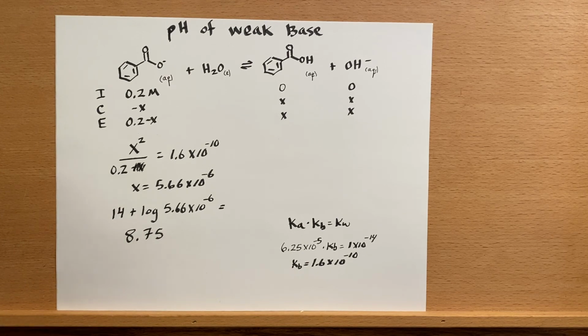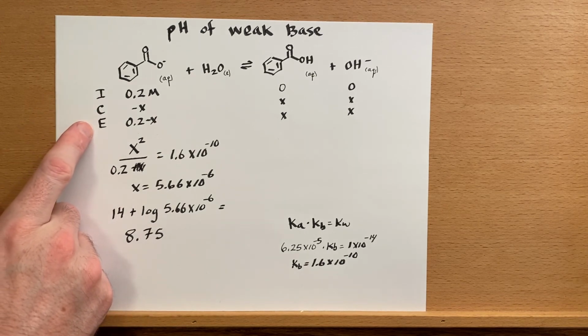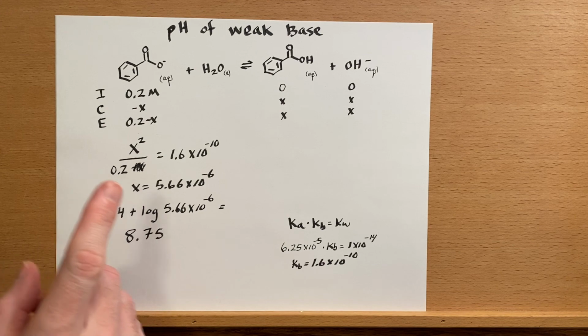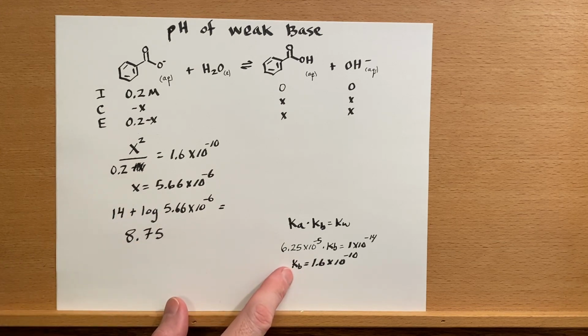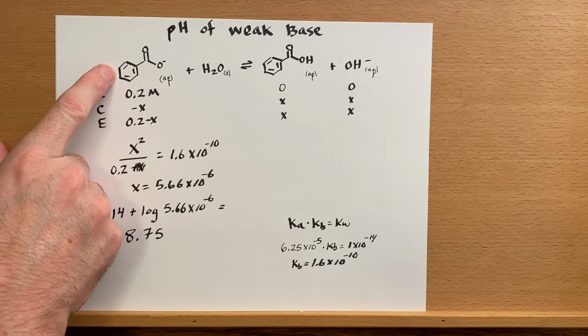So this is an example of how to calculate the pH of a weak base that's just been put in solution. We have to use an ICE table, and we need to make sure that we're using Kb. It is possible that you'll be given a Ka even if there is a base in the solution.